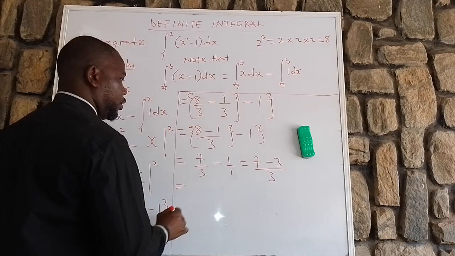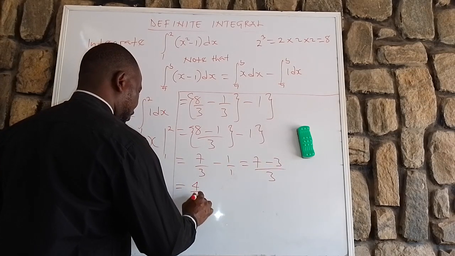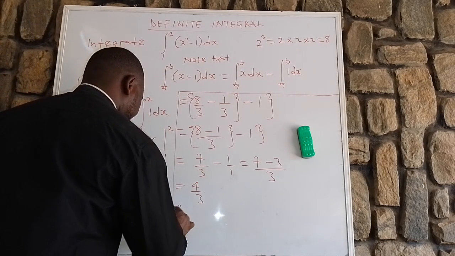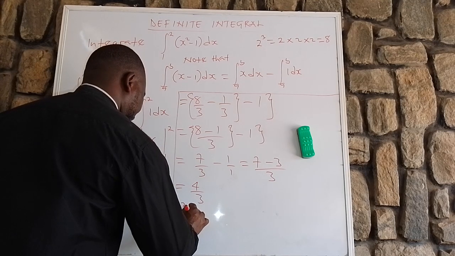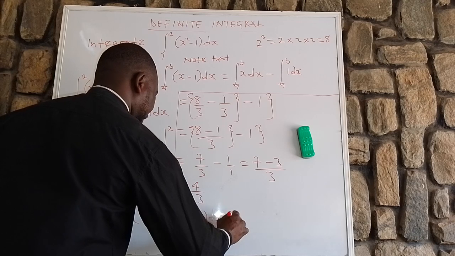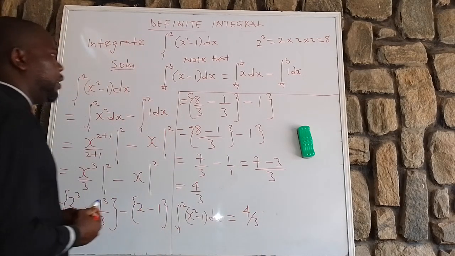Then this is equal to 7 minus 3, which is 4 all over 3. So therefore, the integral 1 to 2 of x squared minus 1 dx is equal to 4 all over 3. Any question?